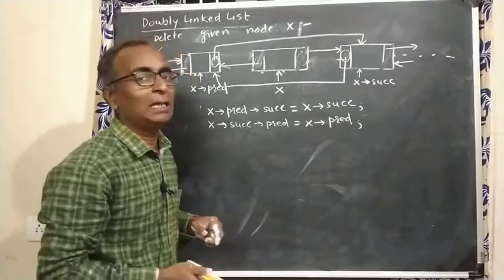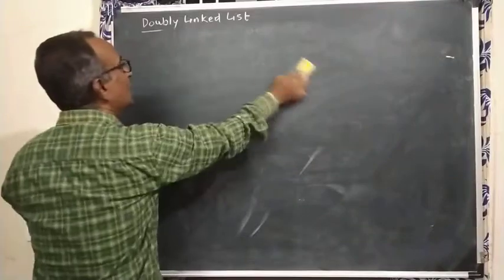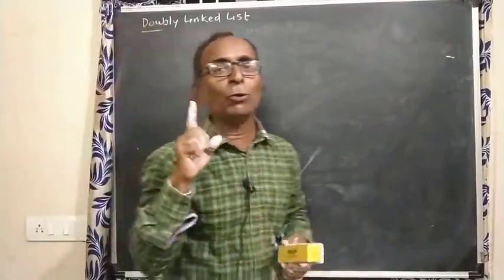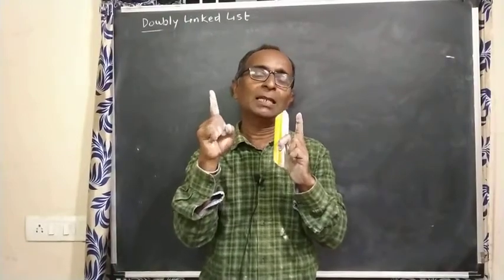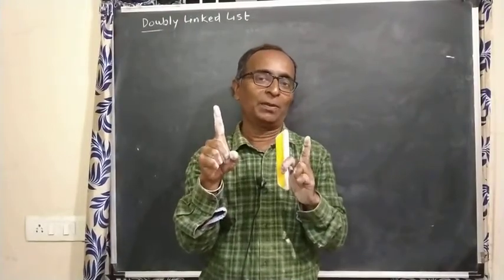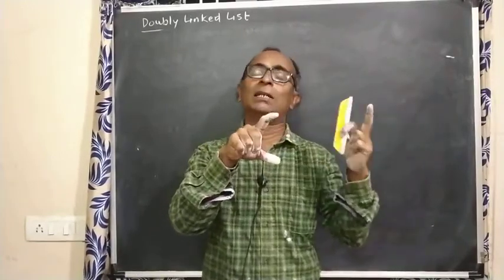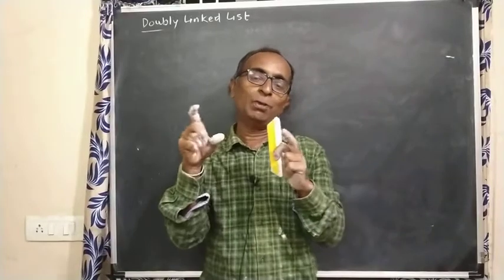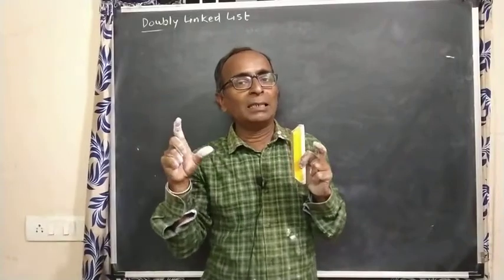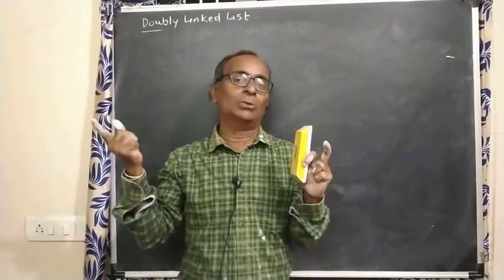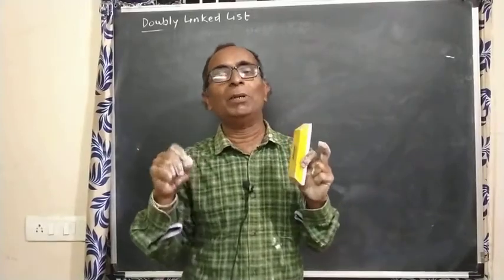But in case of a singly linked list, which operations have we seen that are big O of n? If you want to insert before the given node, that will be big O of n, because wherever you are inserting, its predecessor node's address is required. And if you are inserting in a singly linked list as a last node and you don't have the last node's address, then that operation will be big O of n.